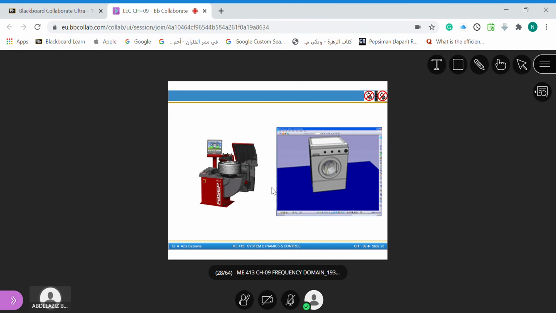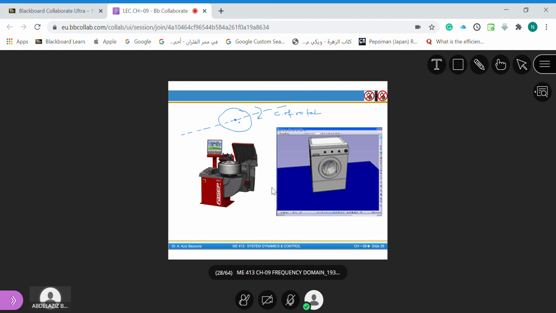Why does this happen? When you have something rotating like this, any equipment that is rotating, this is the center of mass, and this is the center of rotation, if you want.